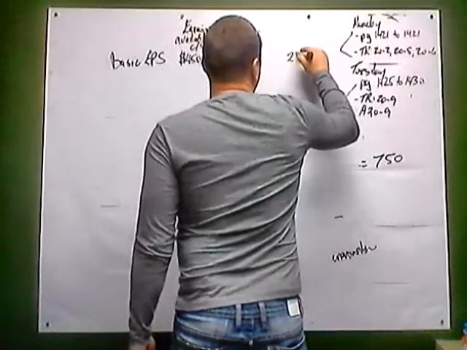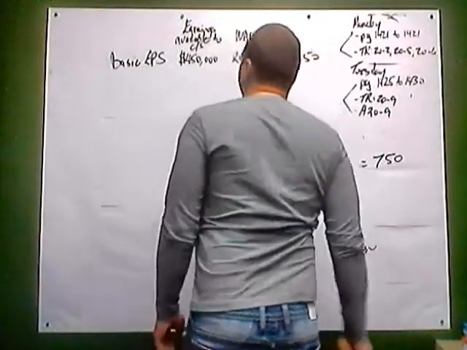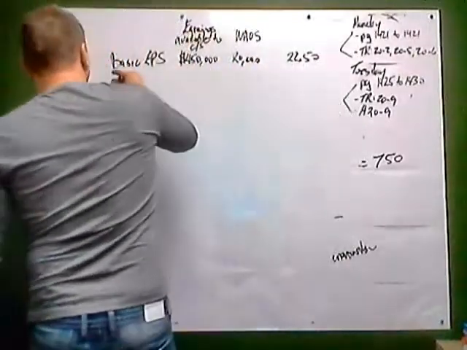And the basic EPS is 22.50. Now let's get into that diluted portion.